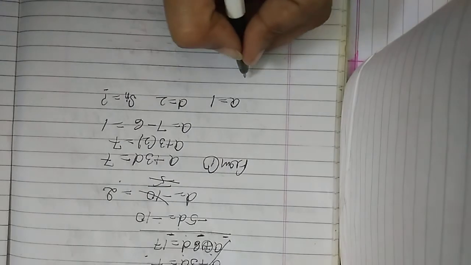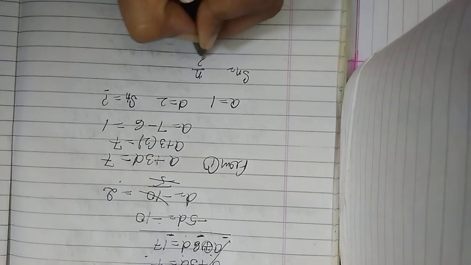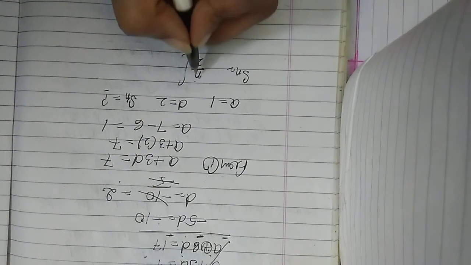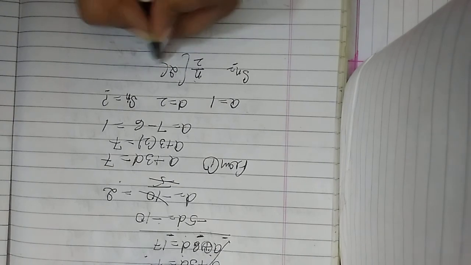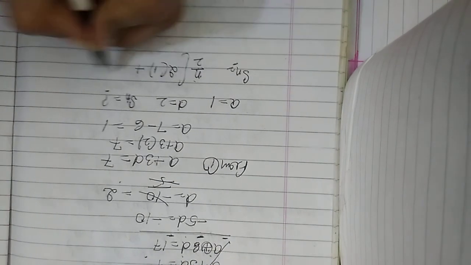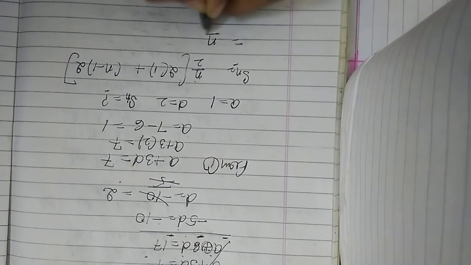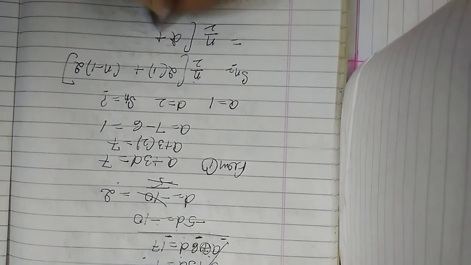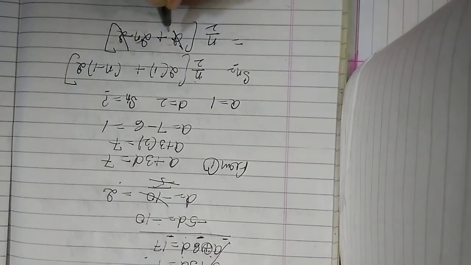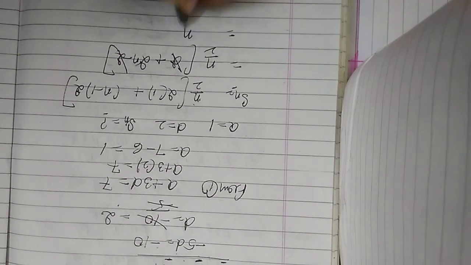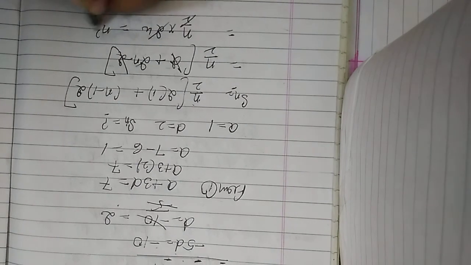Sn is n by 2 because we have to find the sum of n terms. n by 2 into 2a, which is 2, plus n minus 1 into d, which is 2. So n by 2 into 2 plus 2n minus 2, the 2s cancel. So n by 2 into 2n, the 2s cancel each other, n square.